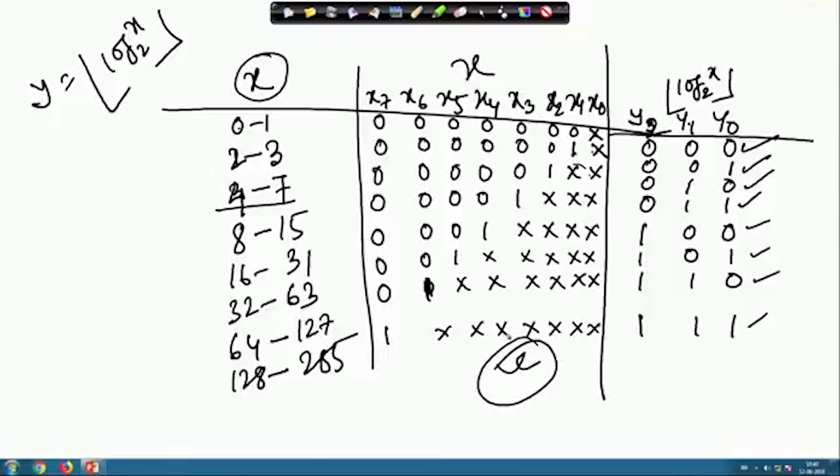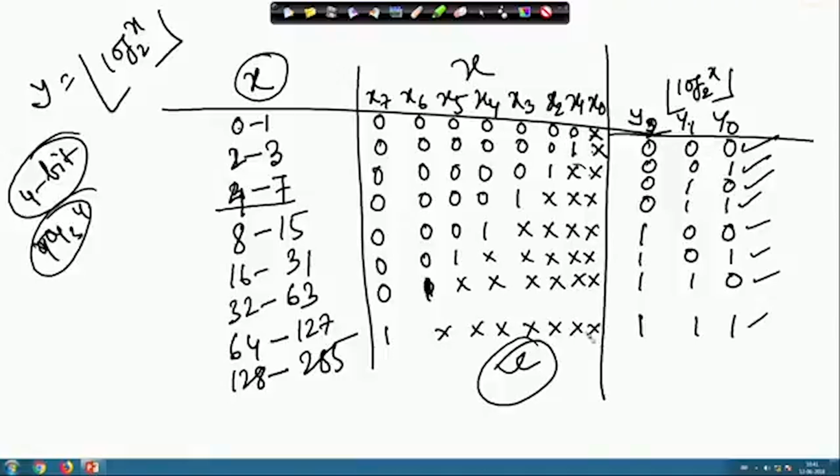Priority encoder means, in a digital encoder, suppose I consider 4 bits, how it will look: at that time, for each bit position, how the corresponding output bit varies, so that we encode.